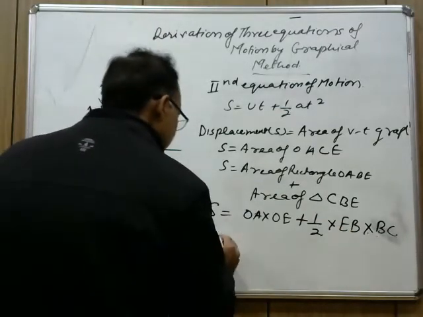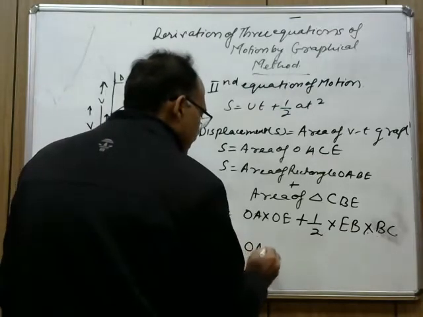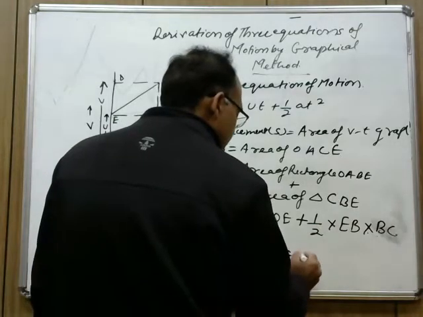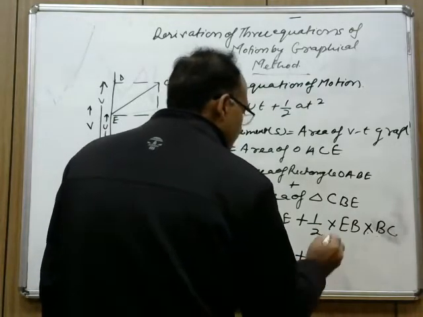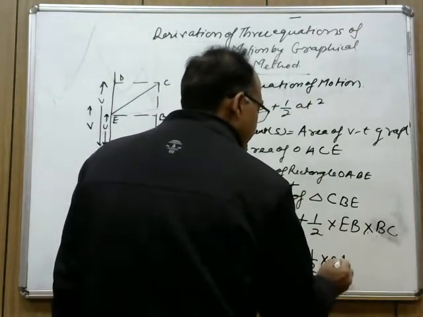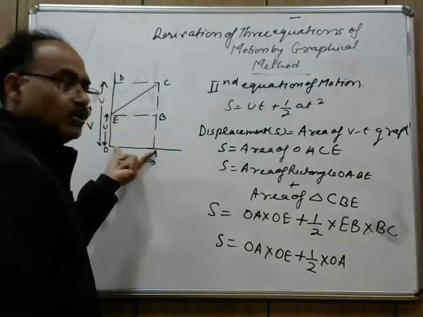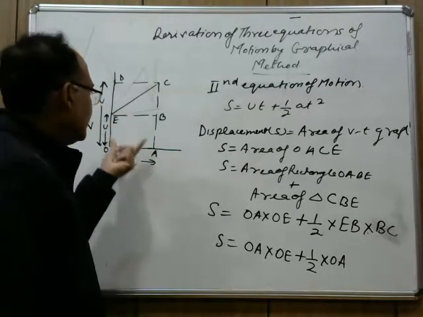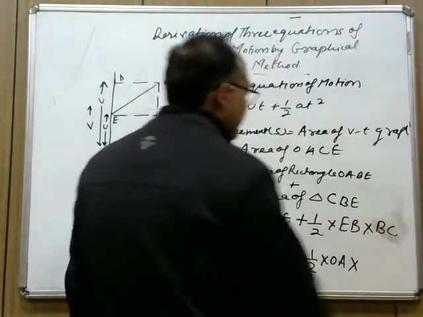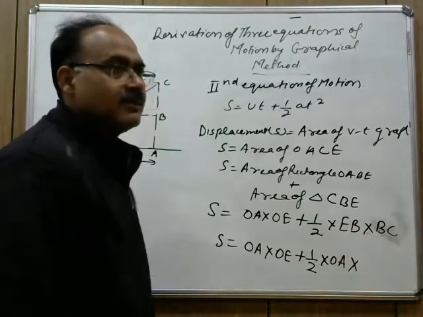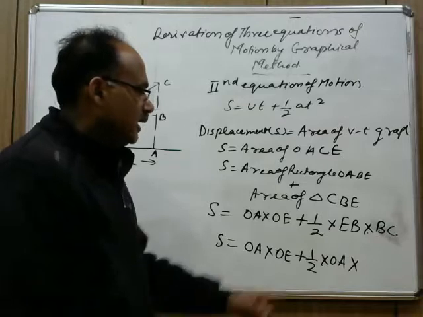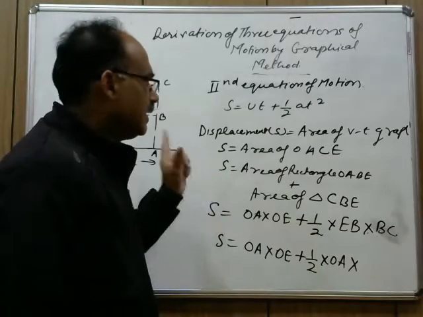Now we can write S is equal to OA into OE plus 1 by 2 into EB into BC. EB is equal to OA, which is on the time axis, and BC can be replaced in terms of acceleration and time, just as we have done in equation 1.